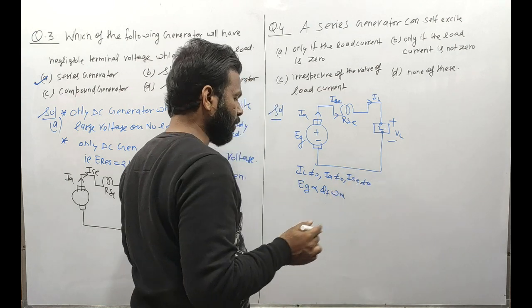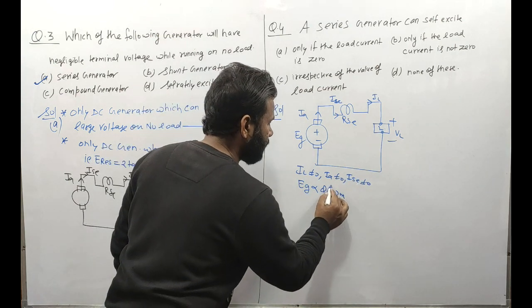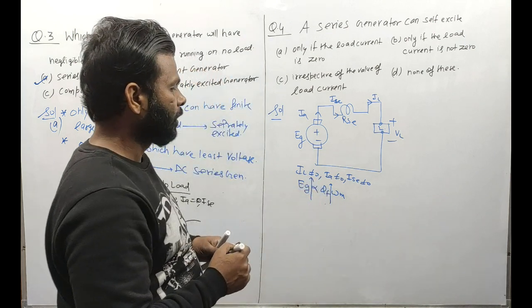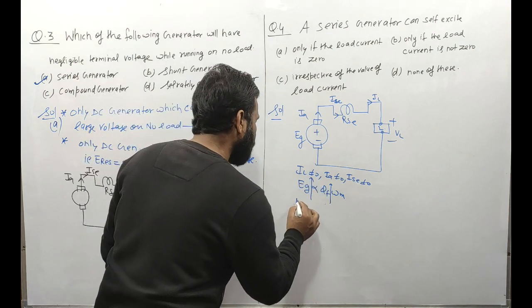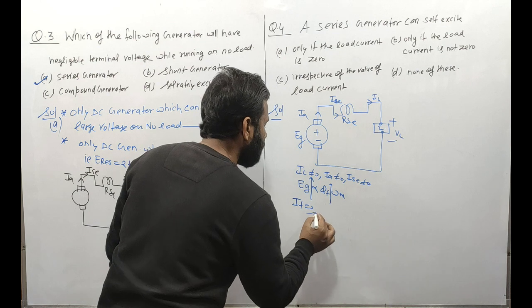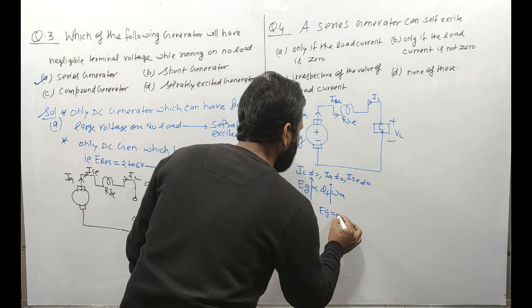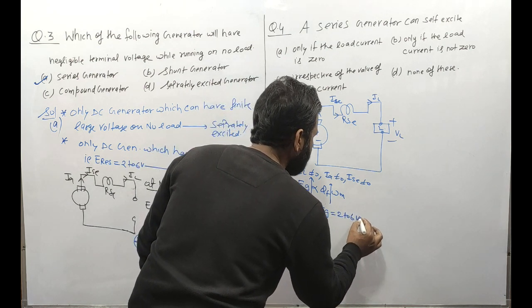Omega is a constant, so as field flux increases, EG increases. Clear? Now when IF is zero, then EG is only residual, that is 2 to 6 volt.